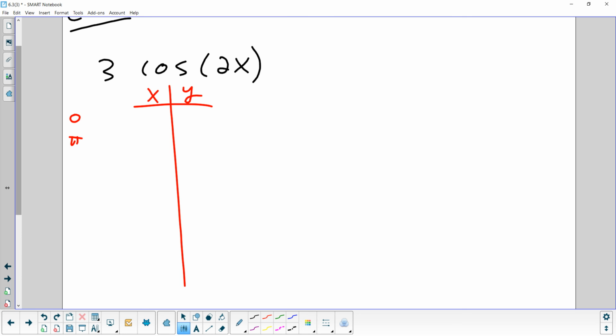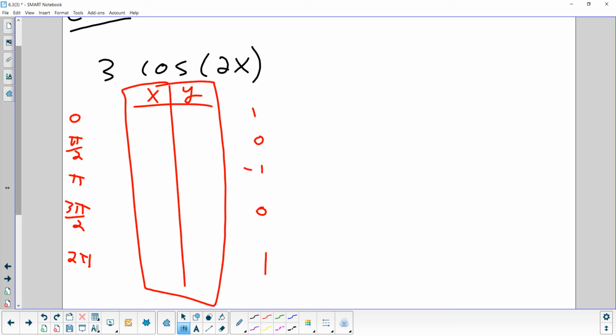All right, let's put our x's. And let's put our y's off to the side. And our answers will go in the table. Okay, can anyone tell me what I'm going to do to all the x values?